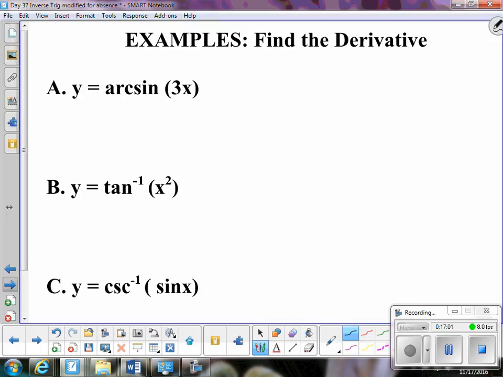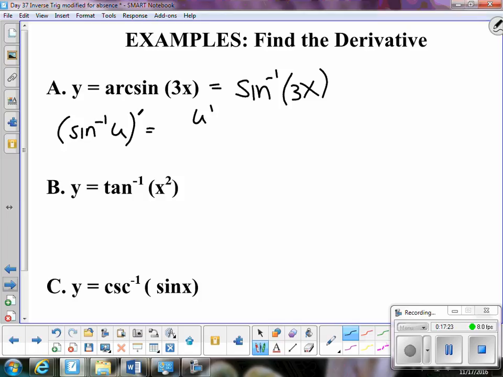First example, we want the derivative of arc sine of 3x. That just means the inverse sine, it's just another way of writing it. So you have to think of the formula for the derivative of the inverse sine of u. The formula is u prime over the square root of 1 minus u squared.